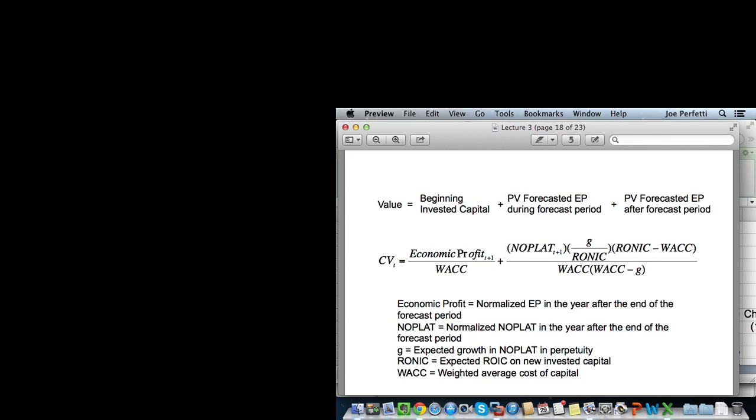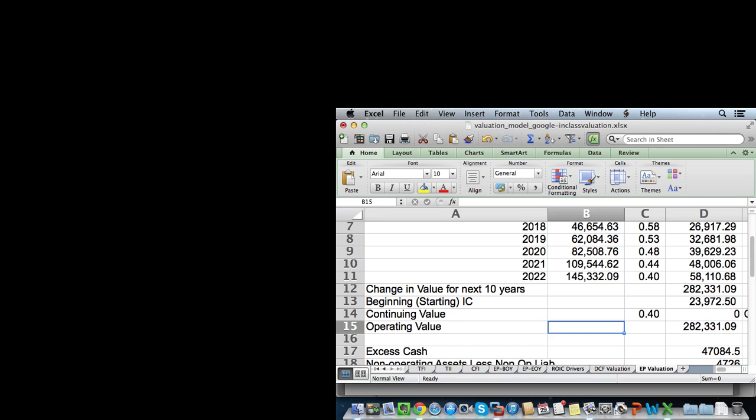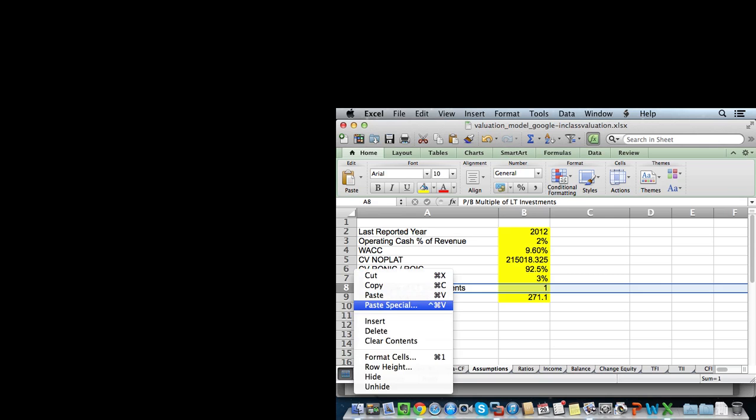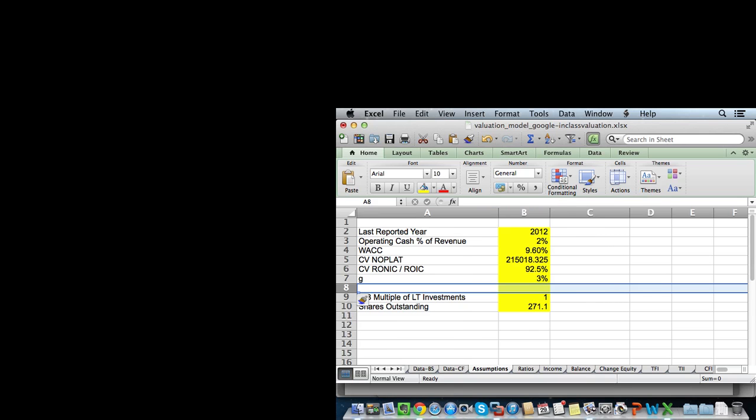So economic profit of T plus 1. So what I'm going to do is on my assumptions tab, I need to make sure, and I'm going to add in an assumption. So I'm going to insert, just because I want to put them all together, continuing value economic profit. You can have it in a different order if you want. I just put them all together. But I need a continuing value economic profit.